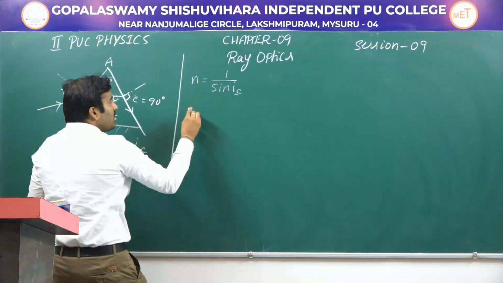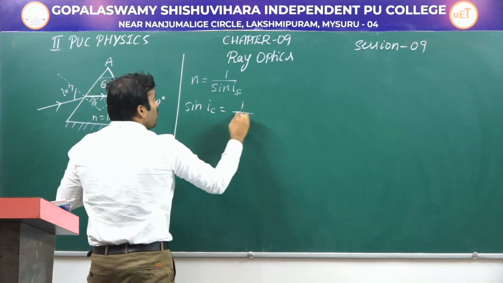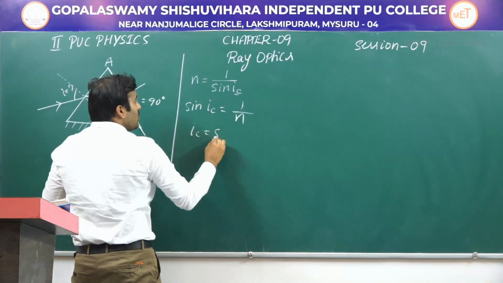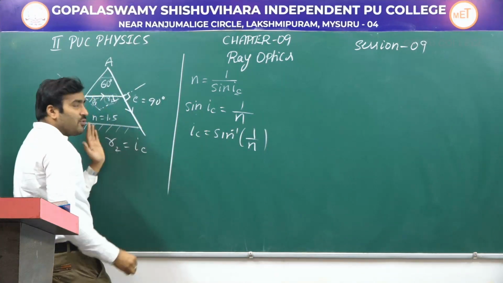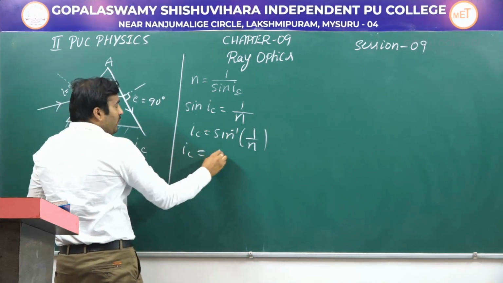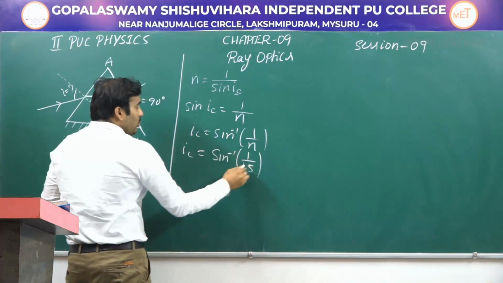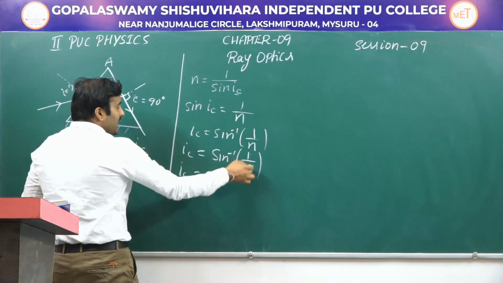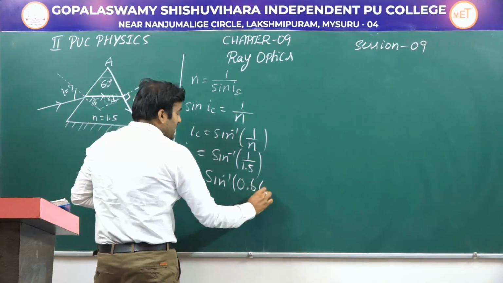From this formula, if I rearrange, we get sine IC is equal to 1 over n, or IC is equal to sine inverse of 1 by n, where n is the refractive index of the prism. The refractive index of the prism is given as 1.5. Therefore, this is 1 divided by 1.5. So sine inverse of 1 by 1.5 is sine inverse of 0.66.